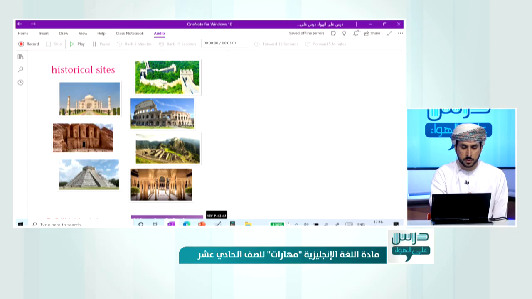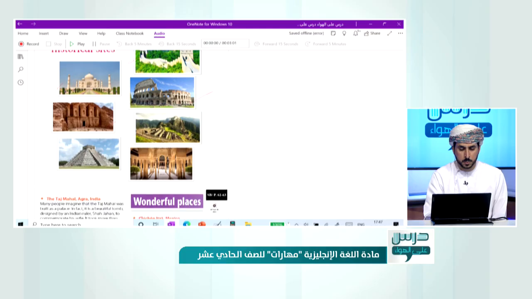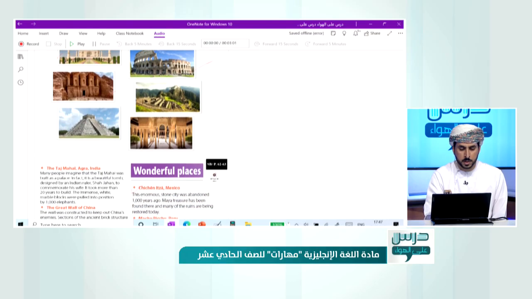Here we have Taj Mahal. This is the Great Wall in China, and this is the Colosseum. Here we have Petra. This one is Petra, and this one is Chichen Itza in Mexico.